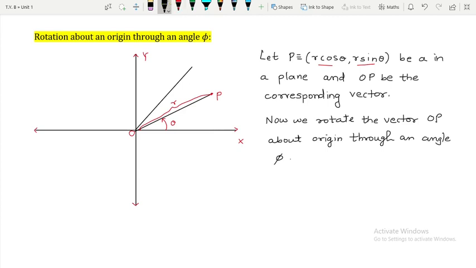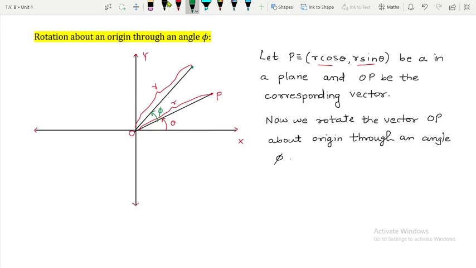So remember, the modulus is same. So this is my rotated vector. So once you rotate it, you are going to get a new vector, right? So modulus is r, so length is same, and this is a rotation. So I have rotated it by an angle phi. So you are going to get new coordinates, right?